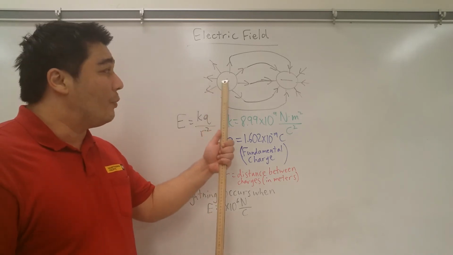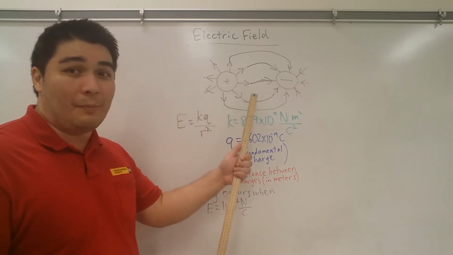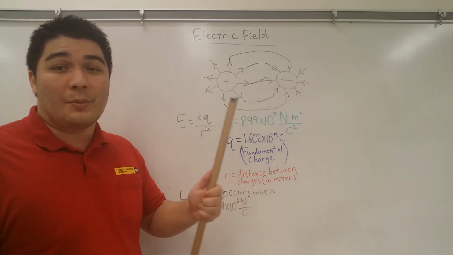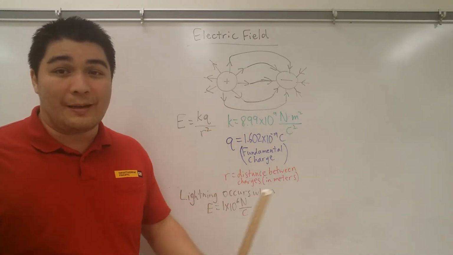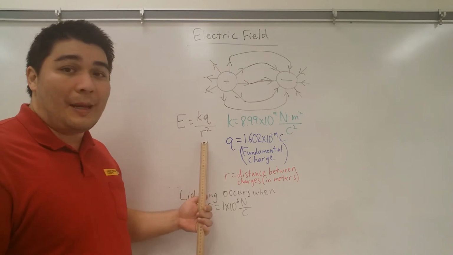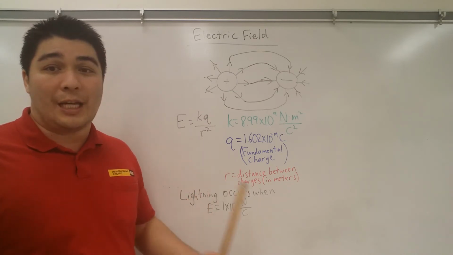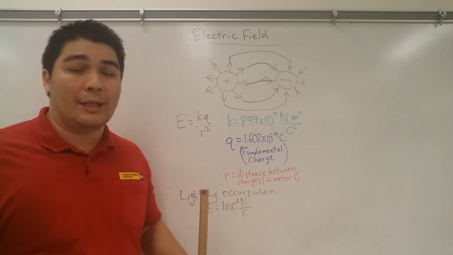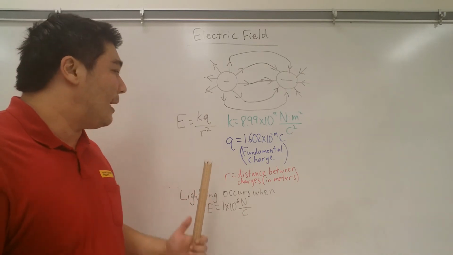It's just that some of them point out and some of them point in, whereas with gravity, they only pointed in. That's the main difference between electric fields and gravitational fields. So again, let's make sure that is cleared up and keep that in mind.